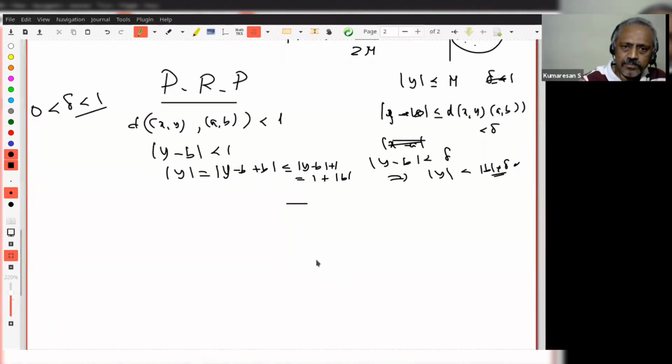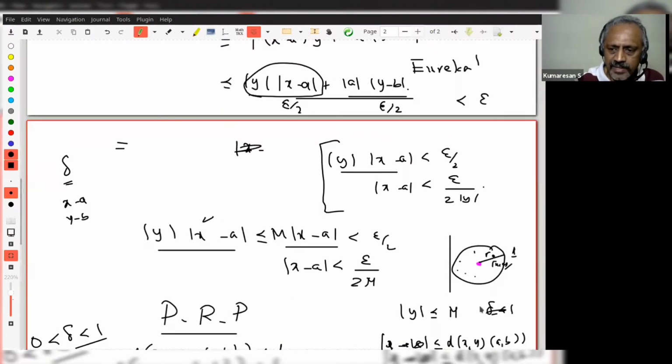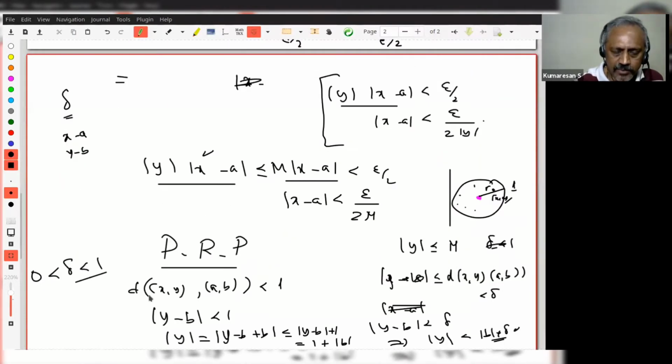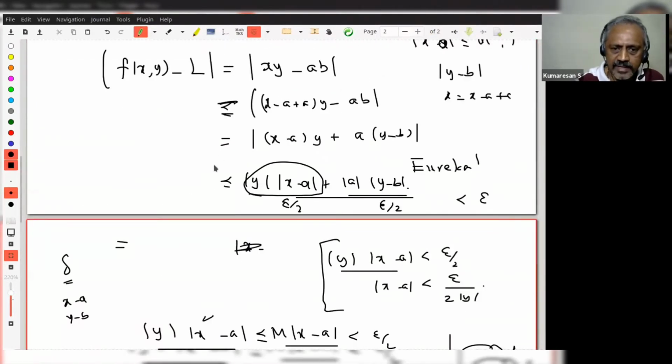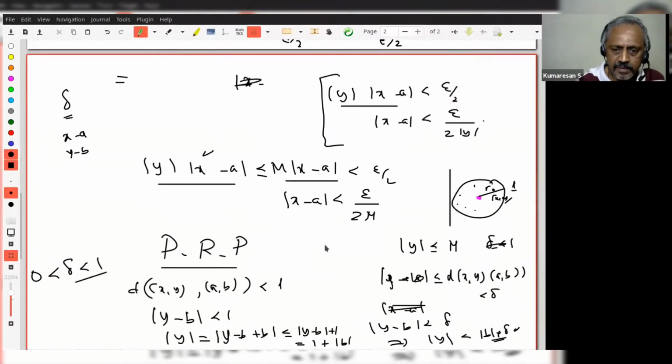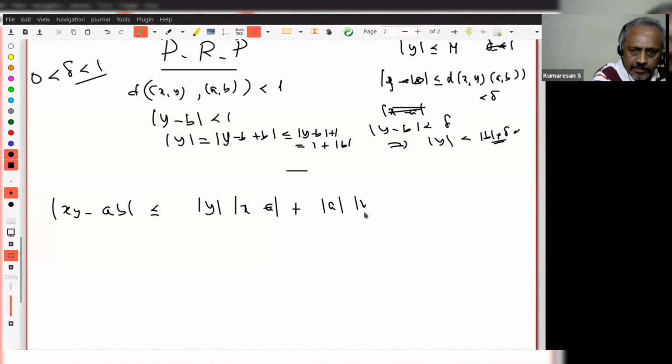So the first thing is I will choose delta less than 1. In that case, my (x,y) will be at a distance less than 1 from (a,b). Therefore, in particular, mod y will be less than 1 plus mod b. Therefore, mod xy minus ab is less than or equal to mod y into mod x minus a plus mod a into mod y minus b.